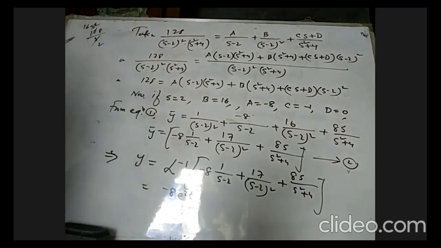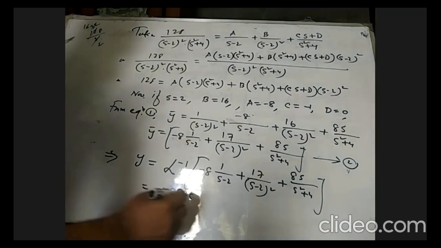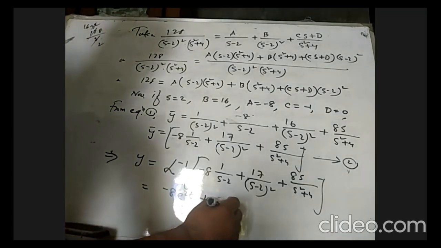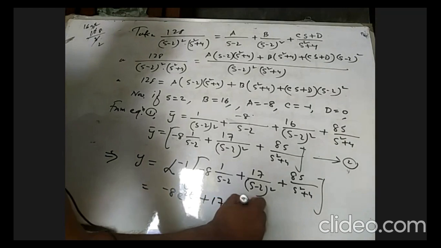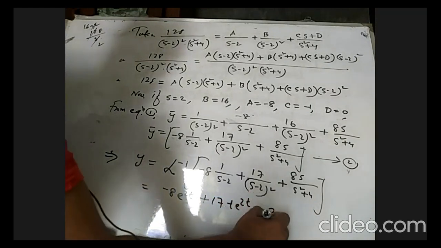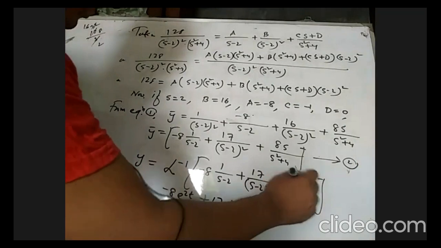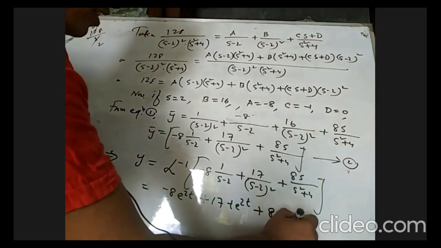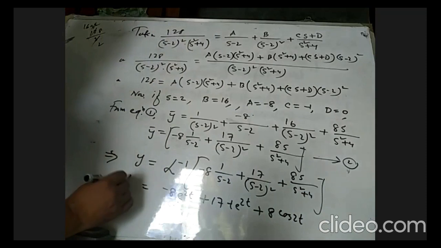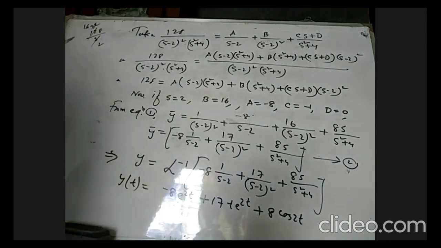For the second, the inverse Laplace transformation is multiplied with t, so 17 t into e to the power 2t. Plus 8 into s divided by s square plus 4, by formula, cos 2t. The Laplace transformation of cos 2t is this, so the inverse will be cos 2t. And this is actually the general solution of the given differential equation.